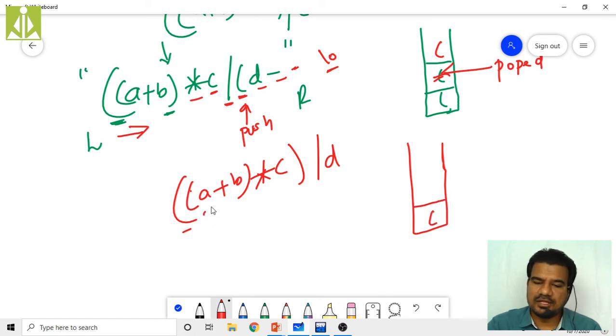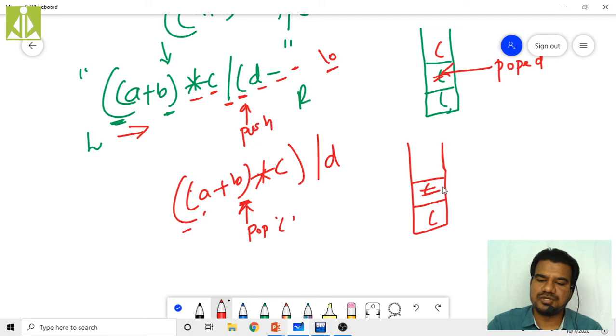Then I have another open bracket, push it too. Next, what do I have? Operand A, ignore it. Operator plus, ignore it. Operand B, ignore it. Then I have a closing bracket. For this closing bracket, pop an opening bracket. So this I am popping from the stack.